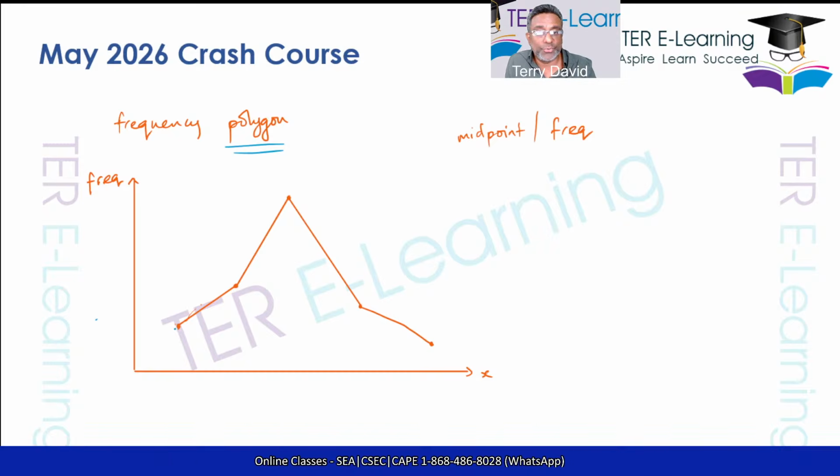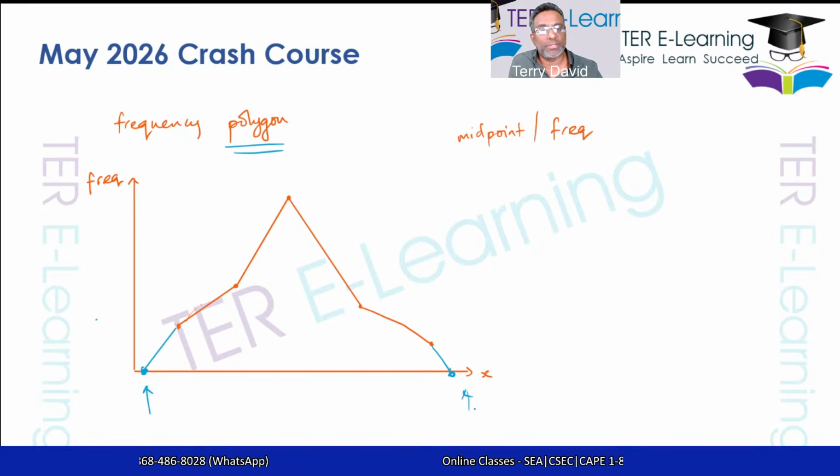So you're going to have to bring this down here to here, and bring this down to here. We're going to actually create a fake interval above what they gave us, and a fake interval below what they gave us. And the only reason we're doing that is to be able to close the frequency polygon, right? That's the only reason why we're doing that. Okay.